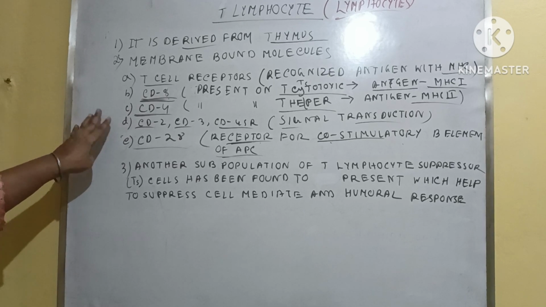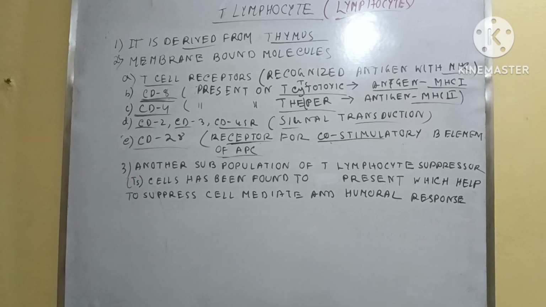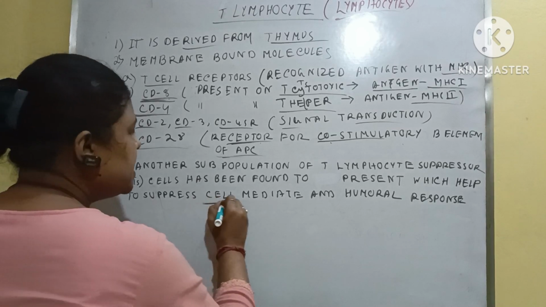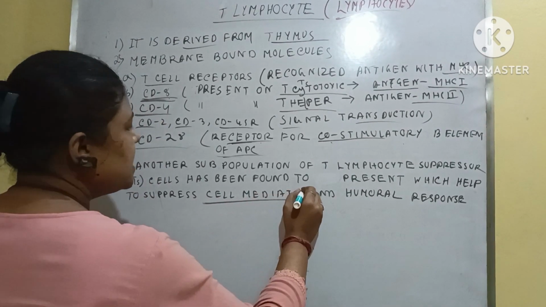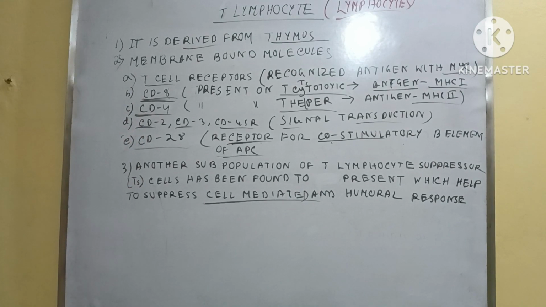And the TC cell generally gives rise to which immune system? The cell mediated immune system. The cell mediated immune system is totally done by the T lymphocytes, clear?